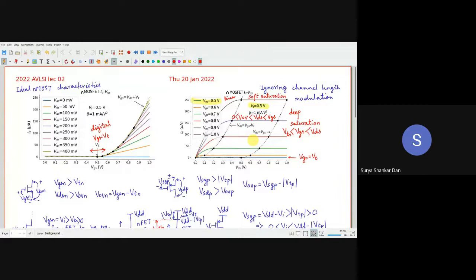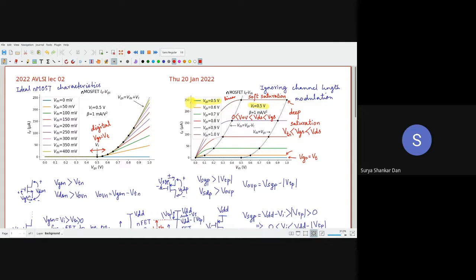Correct. In fact, later on we will be looking into the power reduction techniques in the circuit. If power is such a big concern, we will try to use VGS equal to 0.6, the orange one over here, rather than VGS equal to 1 volt, because if VGS equals 1 volt, the current is like 250 microamperes, which is huge.